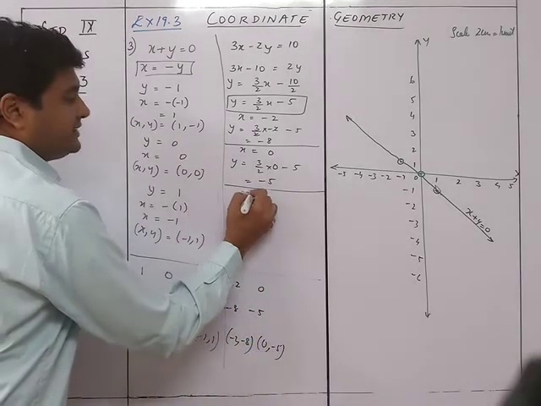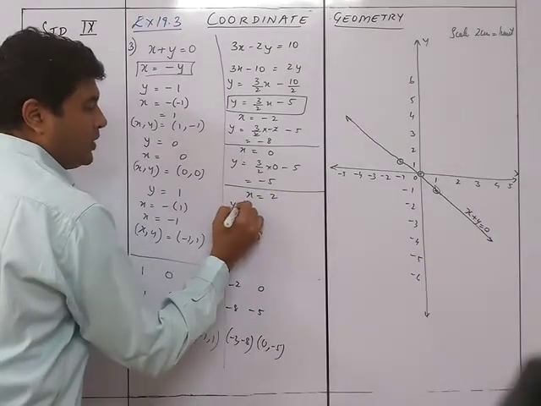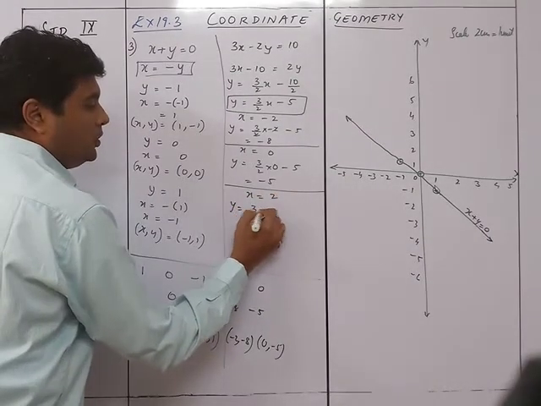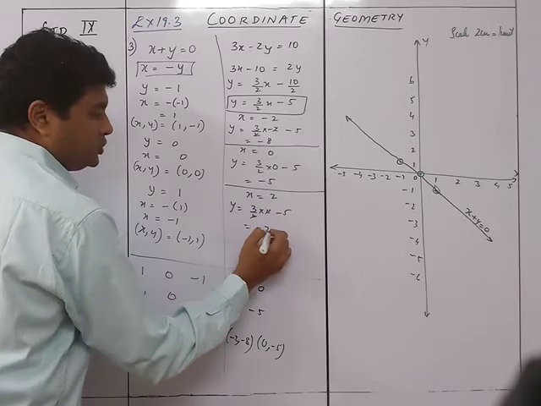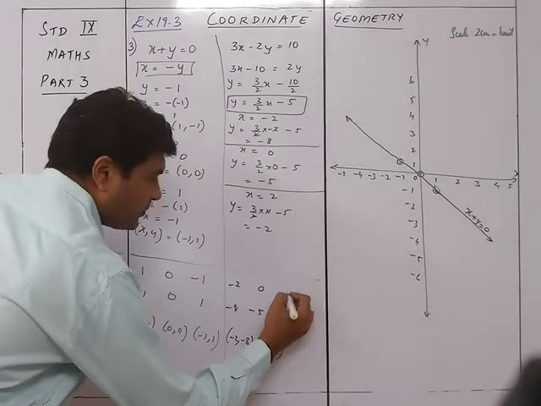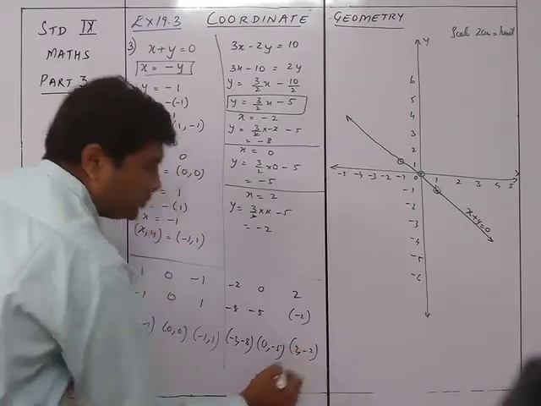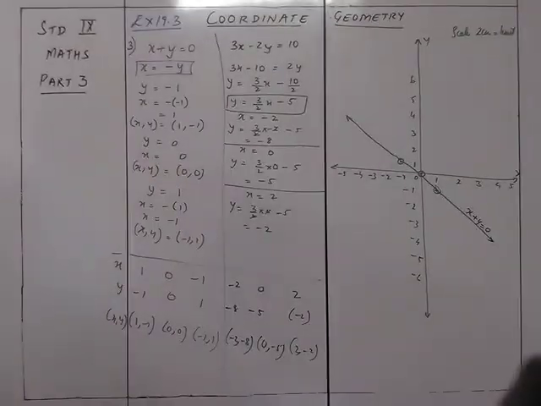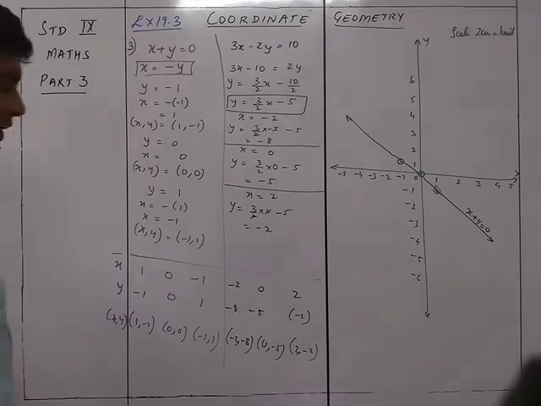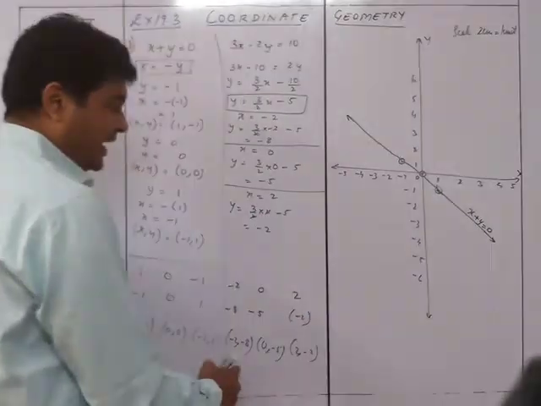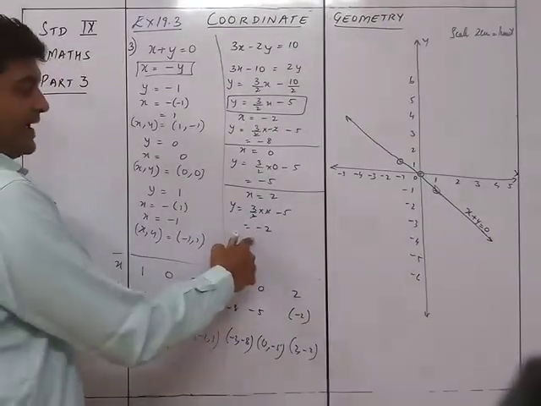And the third one, x equals 2, then y will be equal to 3 upon 2 into 2 minus 5, that will be minus 2. So it will be 2 comma minus 2. Clear? We can easily plot this. If 8 doesn't fit, we can take it as 4.